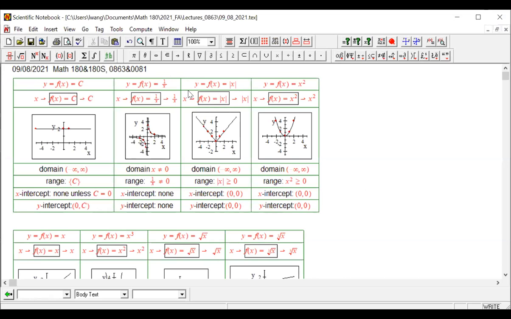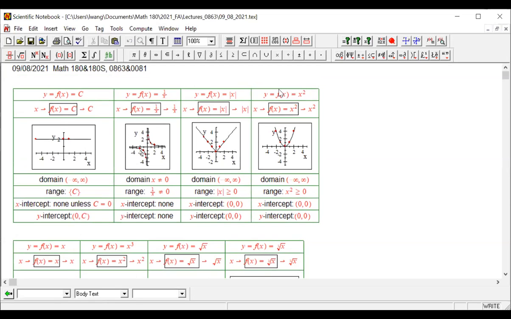And today, if we look at what we have done, we have been working with these 8 functions in basic one, and we have covered domain, range, intercepts, and the graph, which is the image.